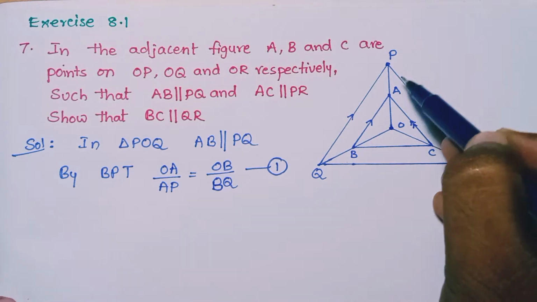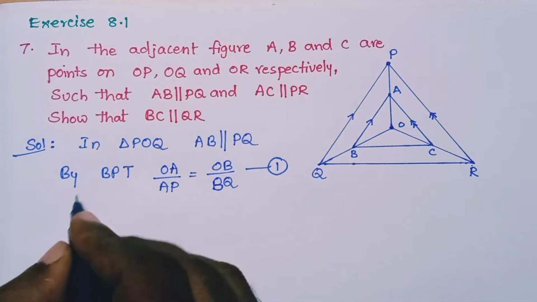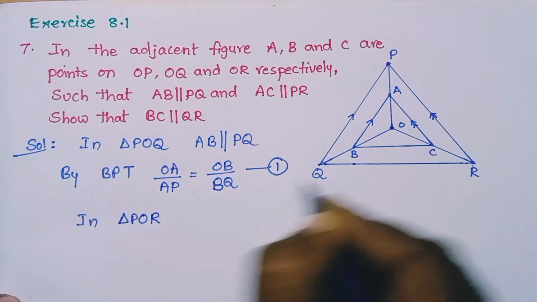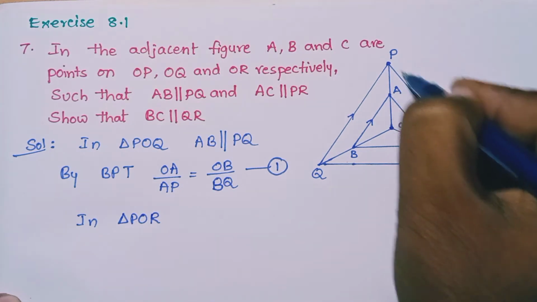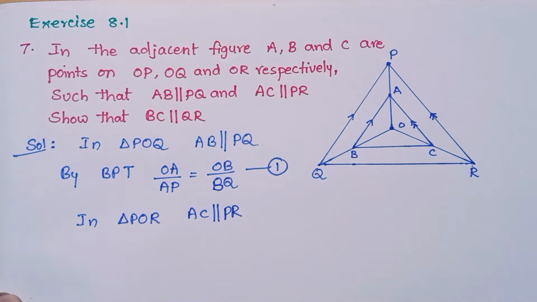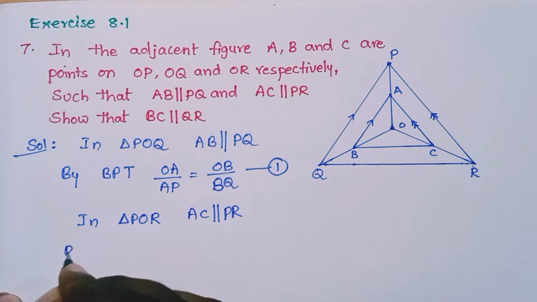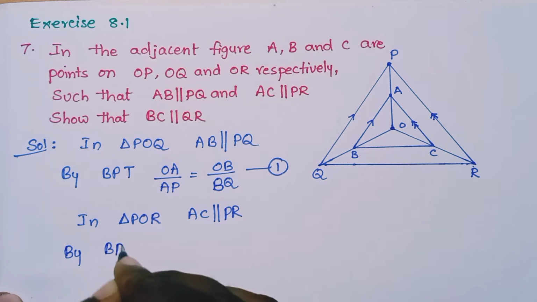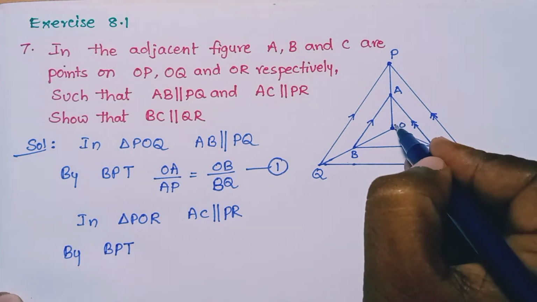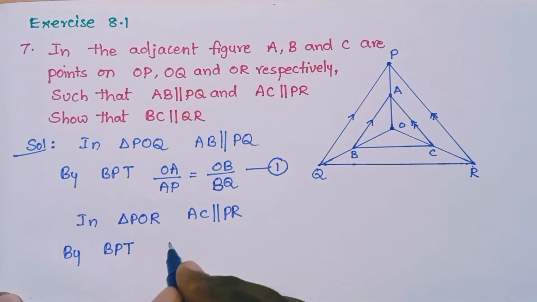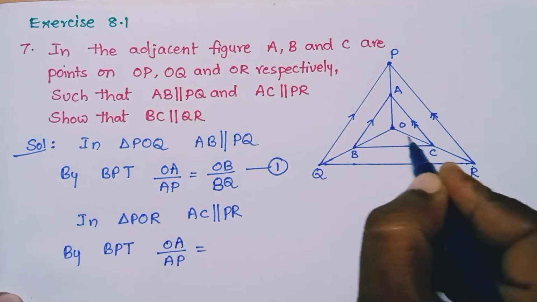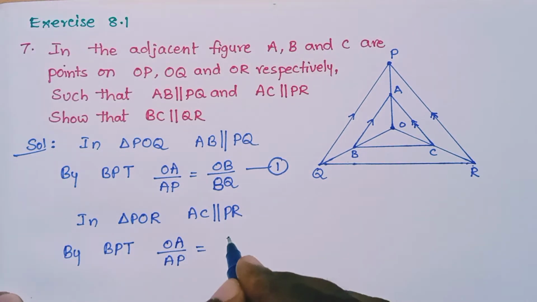And take the triangle POR. In triangle POR again, AC is parallel to PR. Here also we can apply the basic proportionality theorem. By basic proportionality theorem, we can write OA by AP is equal to OC by CR.